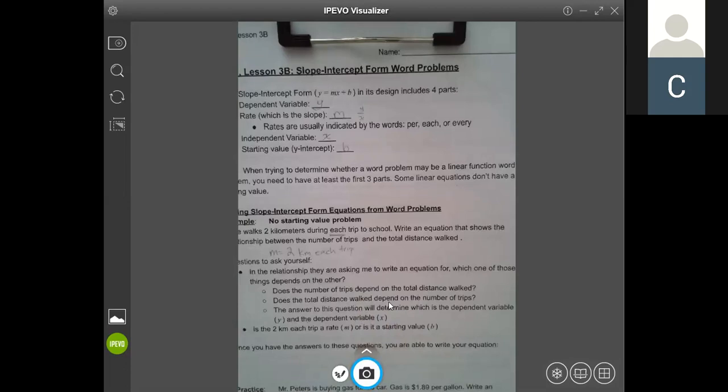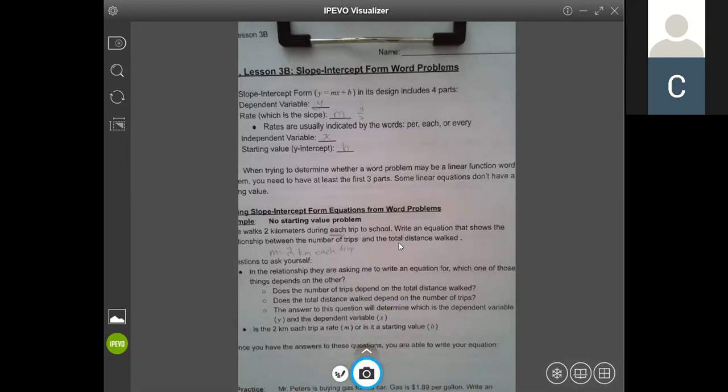Okay, so let's say, for example, it says in the problem that he walks 2 kilometers to school. So if you're walking 2 kilometers to school each trip, right? If you make one trip, how far have you walked? Wait, say it again because you kind of cut out.